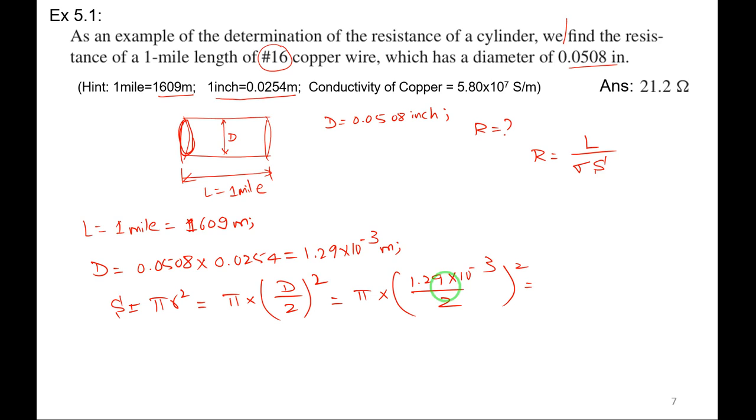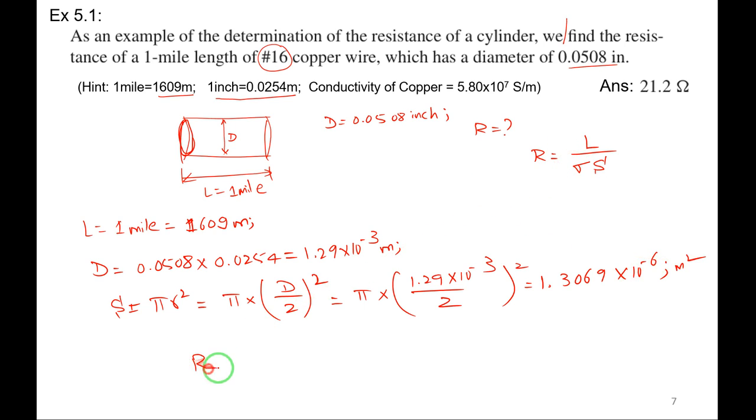Then divided by 2 square, and 2 square is nothing but 4. Divided by 4, I am getting 1.3069 into 10 power minus 6. This is the surface area in meter square, right? So we know everything.